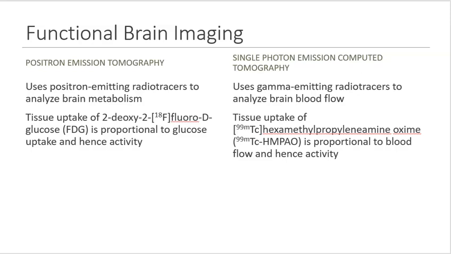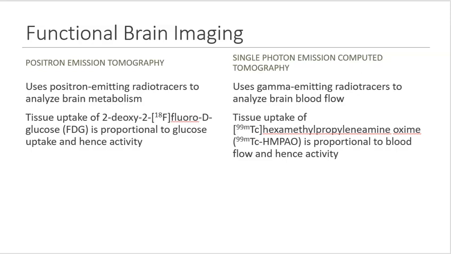And then the other one that we're going to talk about throughout the course probably will be single photon emission computed tomography. And so this measures brain blood flow. So this is measuring how blood flows from one area to the other and how effectively it does that. And it uses radio tracers to do this.